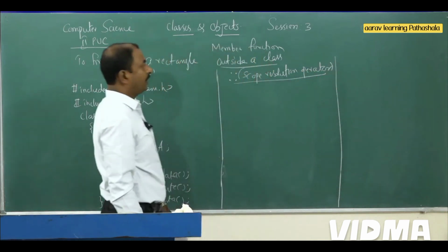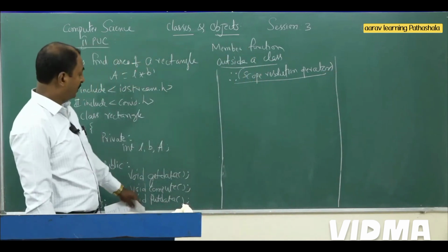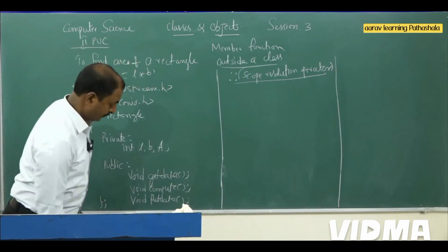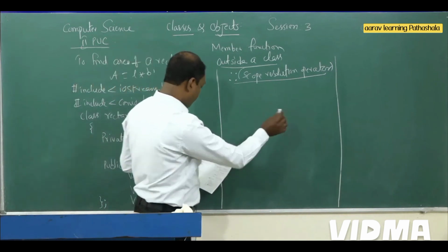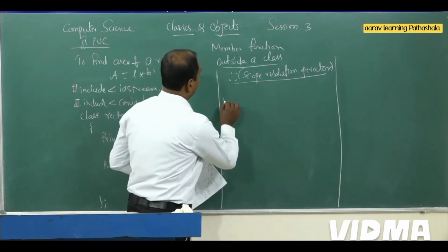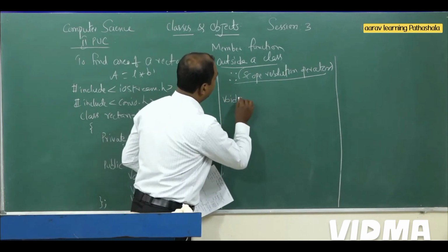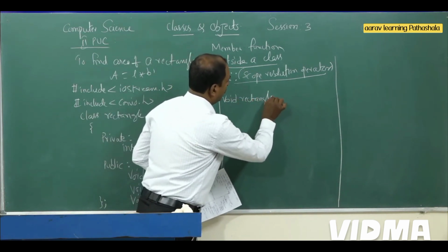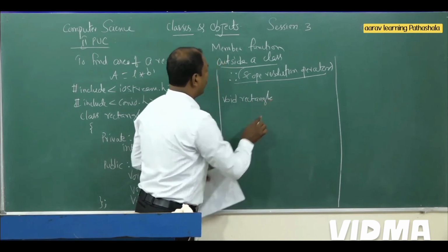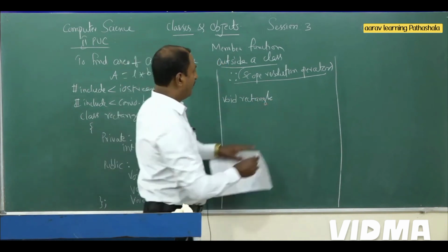With the help of this we are defining a function outside a class. How do we do that? Here first is void rectangle, the name of the class.